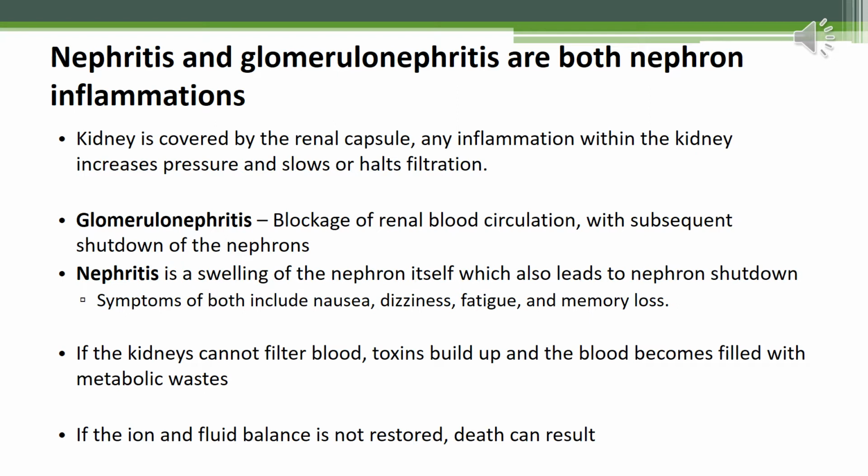And the symptoms of both of these are nausea, dizziness, fatigue, and possibly memory loss. If the kidney cannot filter blood, the toxins build up and the blood becomes filled with wastes. If the ion and fluid balance is not eventually restored, death can result. So these are pretty serious conditions.